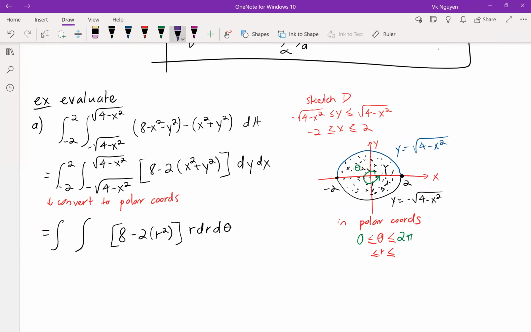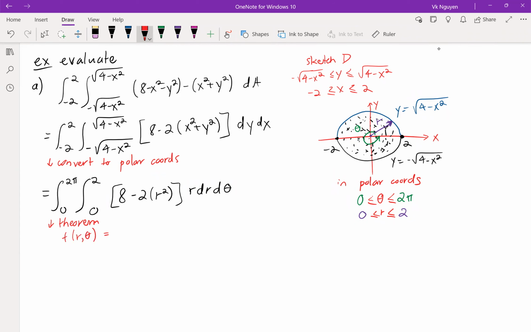This is a solid disk, so the radius goes from 0 to 2. Remember that theorem: we split this into the integral from 0 to 2 pi d theta, and the integral from 0 to 2 of (8 minus 2r squared) r dr.